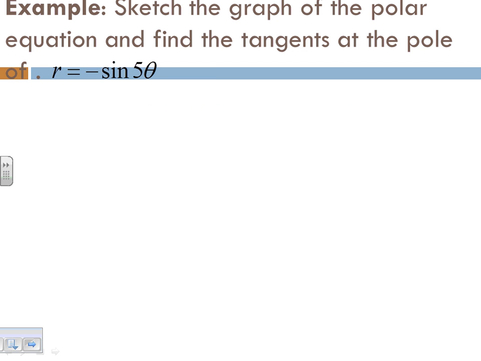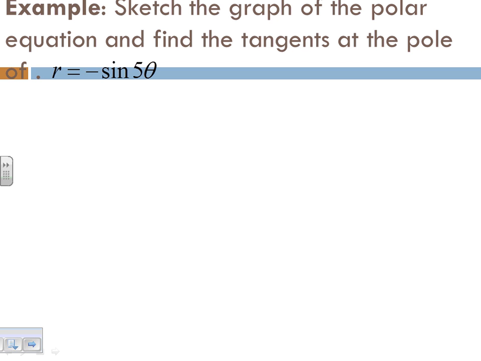So we're going to sketch this graph using the tangents at the pole, our theta chart, all of that. And actually, when I go to sketch, the first thing I do is set it equal to 0, and I find either the tangents at the pole or the axis of symmetry.